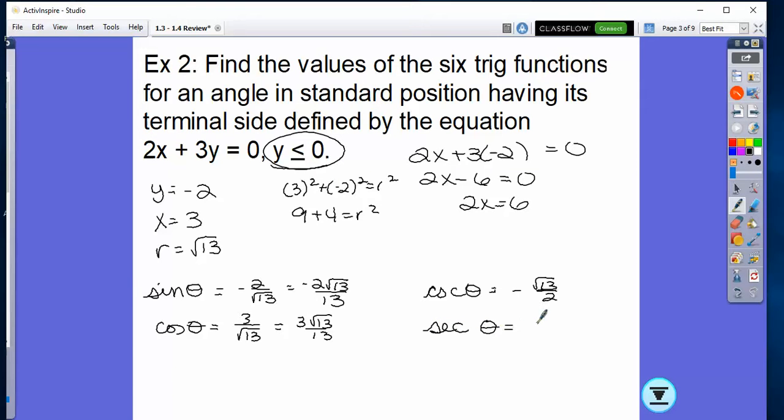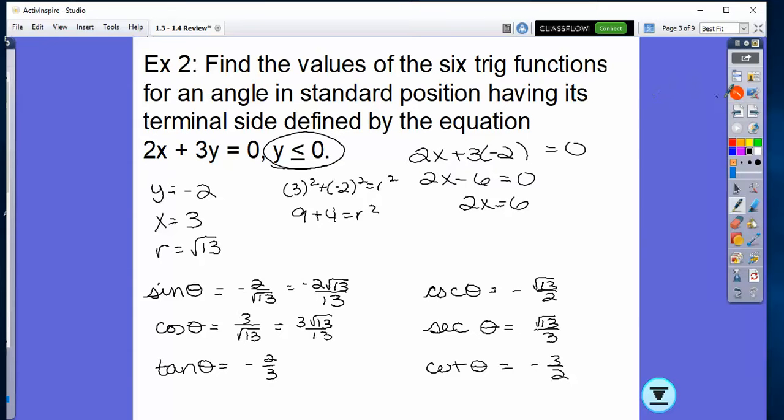So r over x, radical 13 over 3. Tangent, y over x, negative 2/3. So cotangent, the reciprocal, x over y, negative 3 over 2. You guys know how I'm getting all of that?